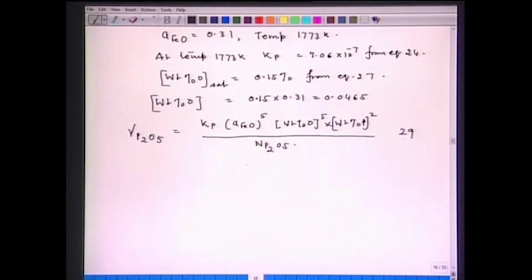Now, this equation is just a rearrangement of equation 28. Suppose I consider Np2O5 as 0.01 and percent phosphorus, let us say, 0.1. Now if I substitute all these values, then gamma P2O5 comes out to be 1.53 into 10 to the power minus 13.